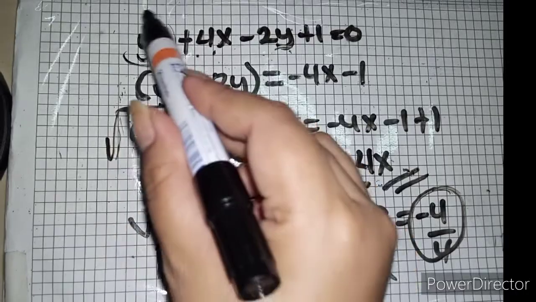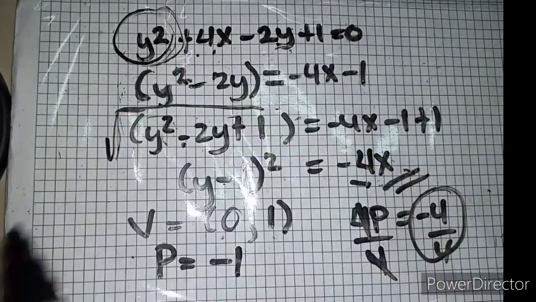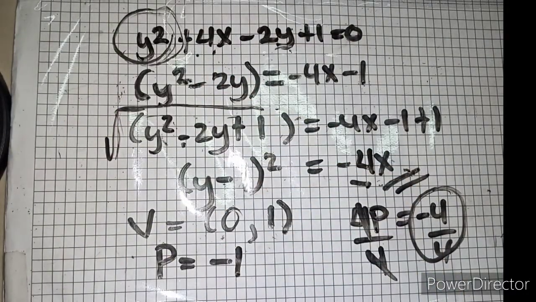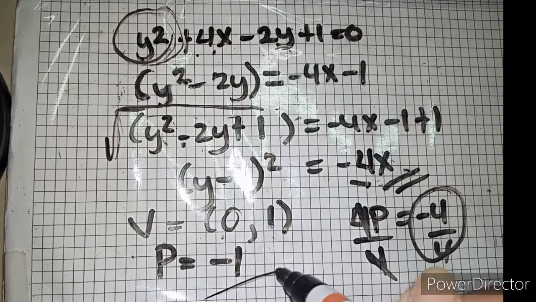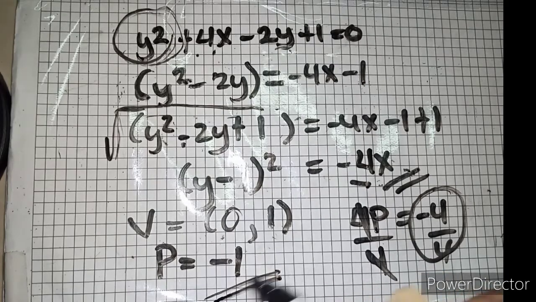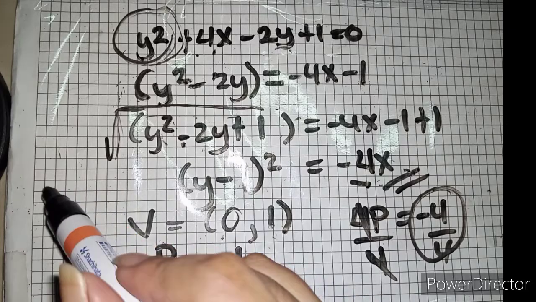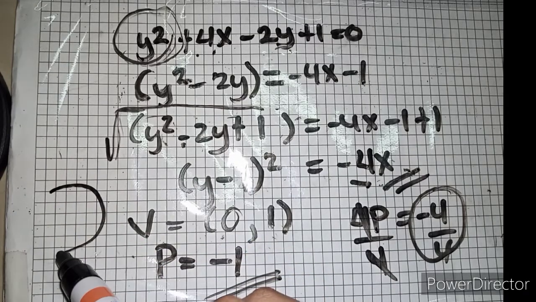Okay? So, balikan natin yung ating original equation. So, ang naka-squared ay y squared. So, ang magiging itsura ng ating parabola ay pa-horizontal. Okay? And, check din natin yung value ng p. Since negative yung p natin, pag horizontal po at negative ang ating p, ang opening ng ating parabola ay pakaliwa. Okay?